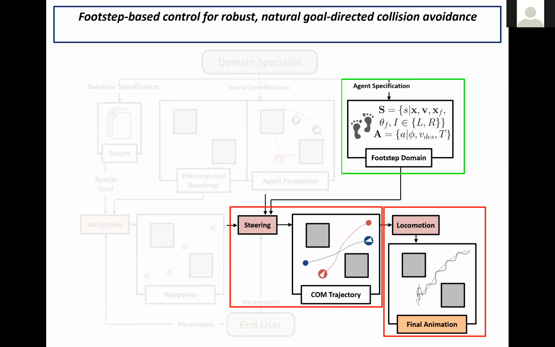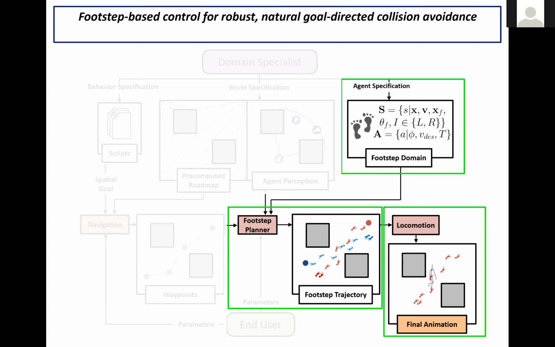To offset these limitations, we fundamentally ask: why not represent the footsteps that humanoid agents take at the control layer? That's essentially the proposal that we wish to take, and to provide a richer state and action space for goal-directed collision avoidance, where the controller synthesizes a sequence of footsteps that the agent will take to move in a virtual world.